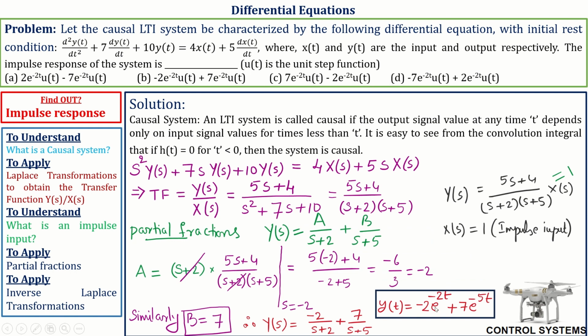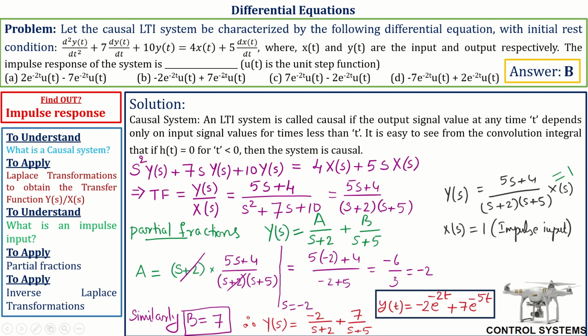So here we have minus 2 and 7, in option B, with e power minus 2t and e power minus 5t. Actually, this is e power minus 5t. So the answer should be option B, right? This is a typographical error: e power minus 5t is for every second factor in every option.